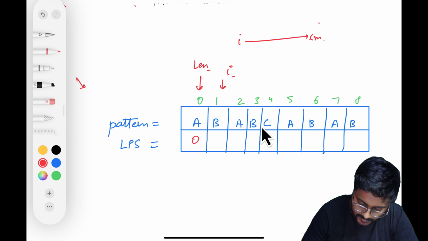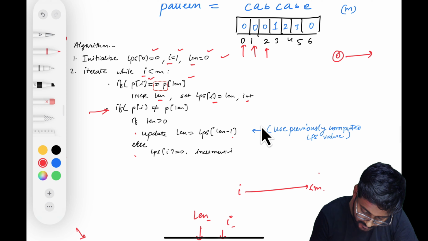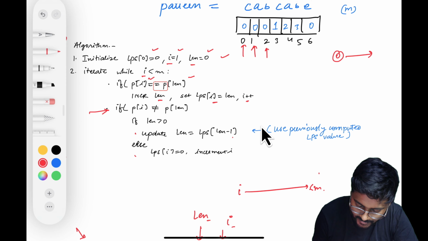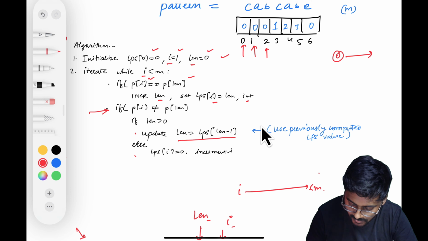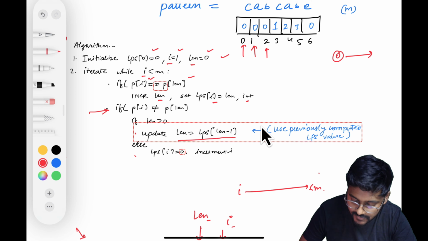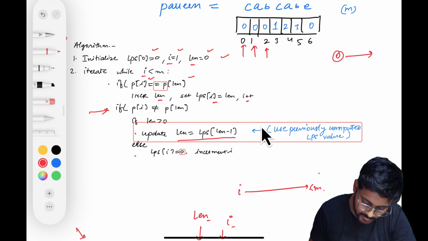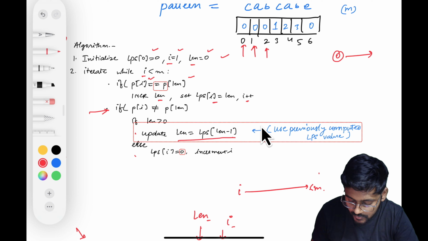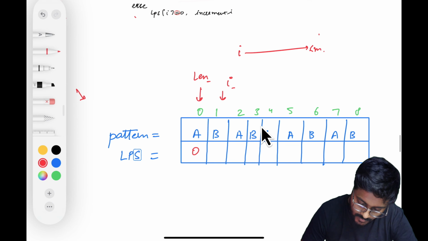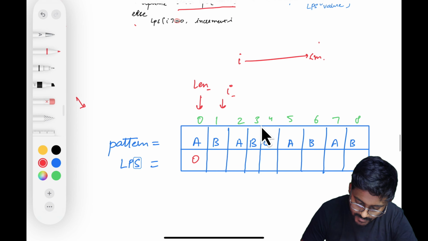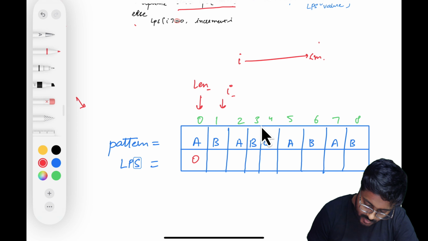If they are not the same, then if the value of length is greater than 0, I have to update length equal to LPS of length minus 1, using the previously computed LPS value. Otherwise, LPS of I is 0 and increment I. So in this case, the values at length and I are not the same, so LPS of I is 0 and we increment I.